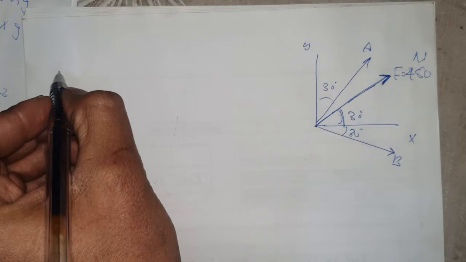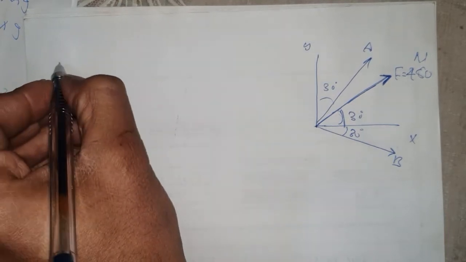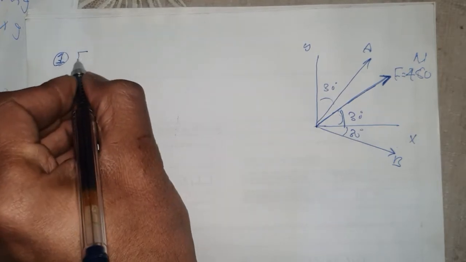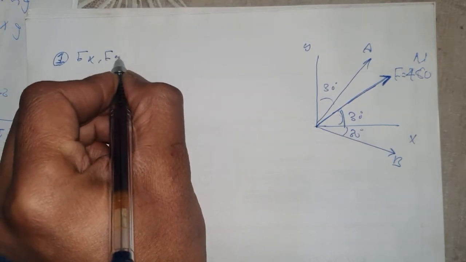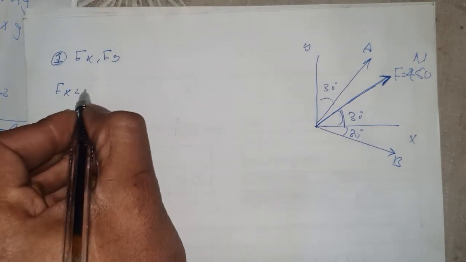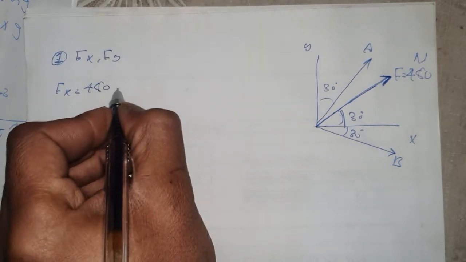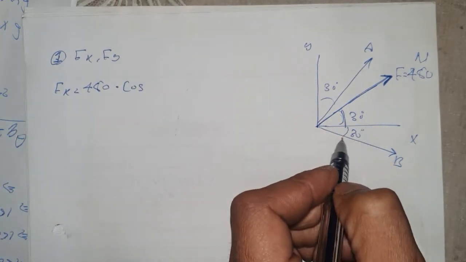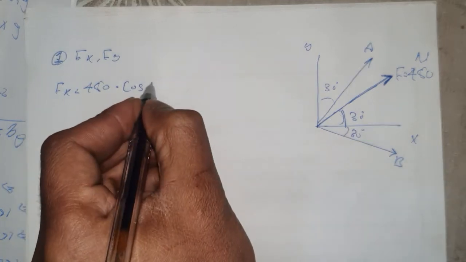So I will divide it in two parts. In part 1 we will go for fx and fy. So fx is equal to 450 newtons times cosine of 30 degrees.